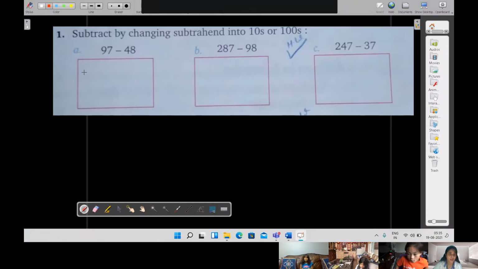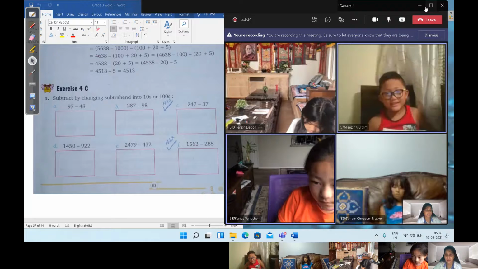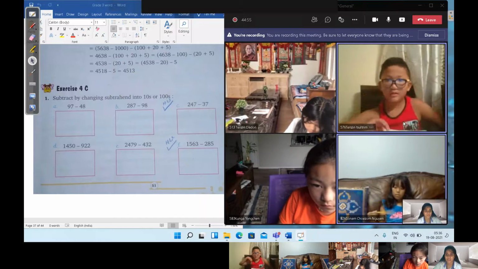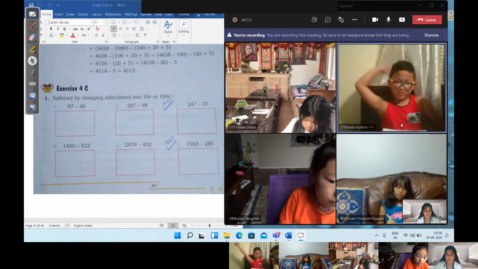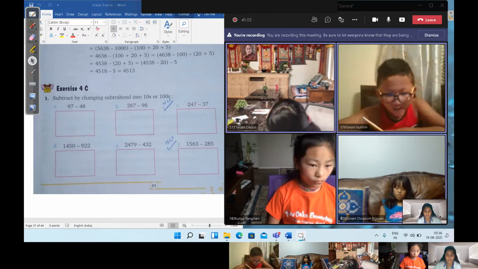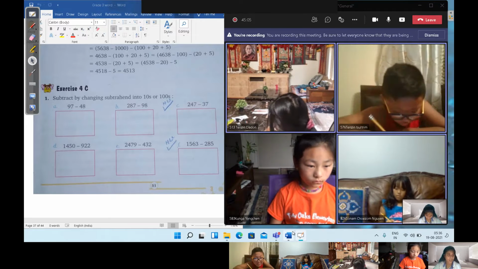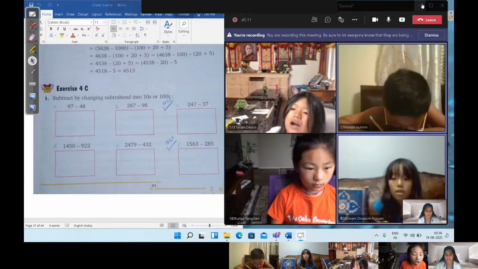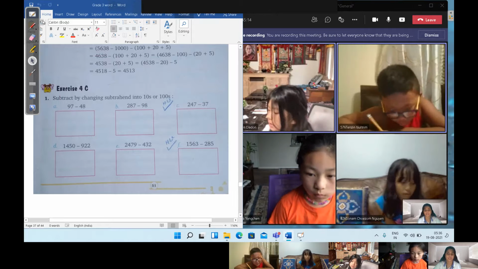So listen to me. This is a different method to solve it. The method is, now tell me, 48 is near to what? 50. Now we can see it. I knew leaving and rejoining would work.